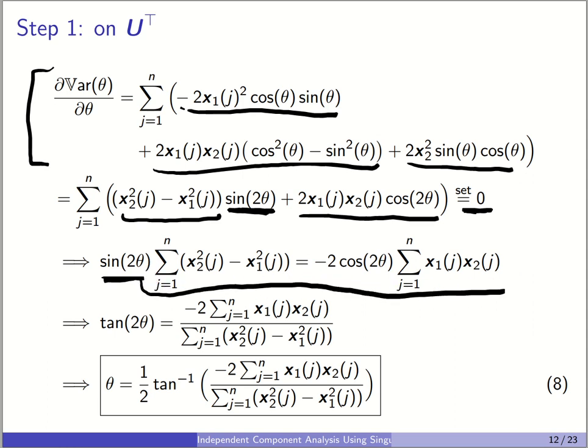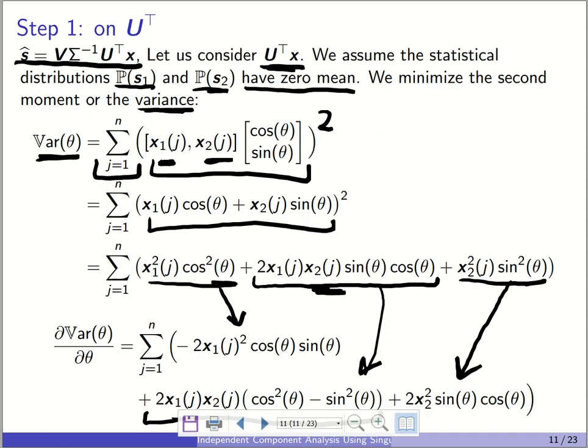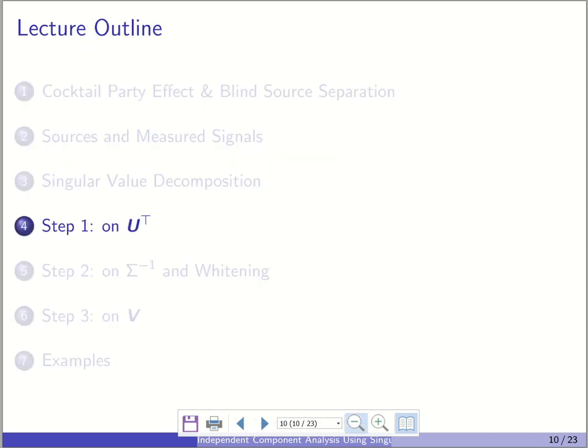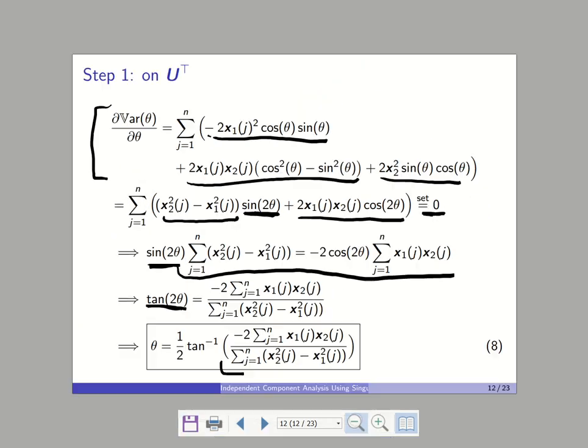Then we just rearrange: sine of 2 angle over cosine of 2 angle is tangent of 2 angle, so we'll have this. So theta is half arctangent of this angle. So theta is found in equation 8.